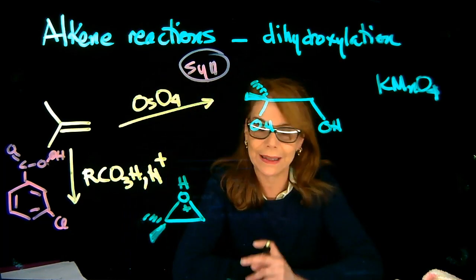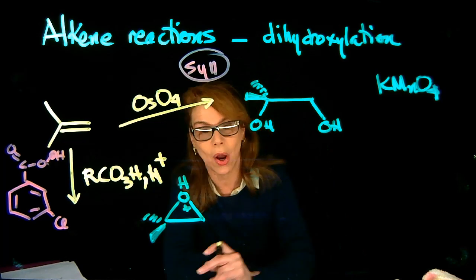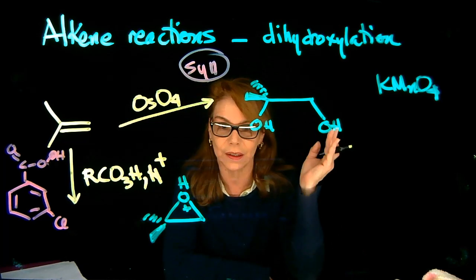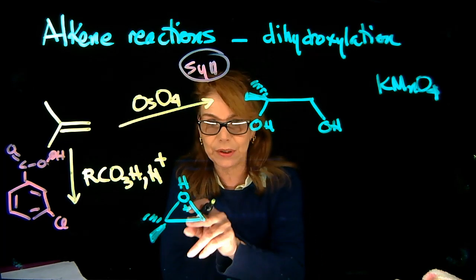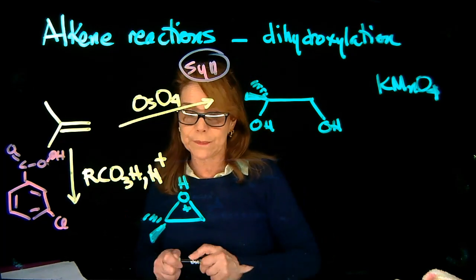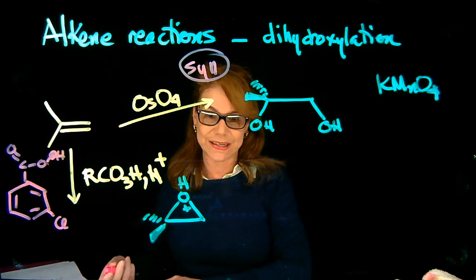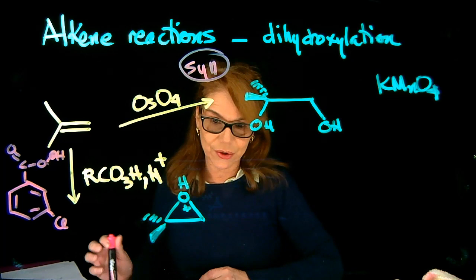You'll see that the structure of this intermediate is similar to the mercurinium and the bromonium ion that we have seen in other examples of alkene reactions. So unstable intermediate, similar geometry, positively charged, and the attack by the nucleophile happens at the more substituted carbon, which is this side.